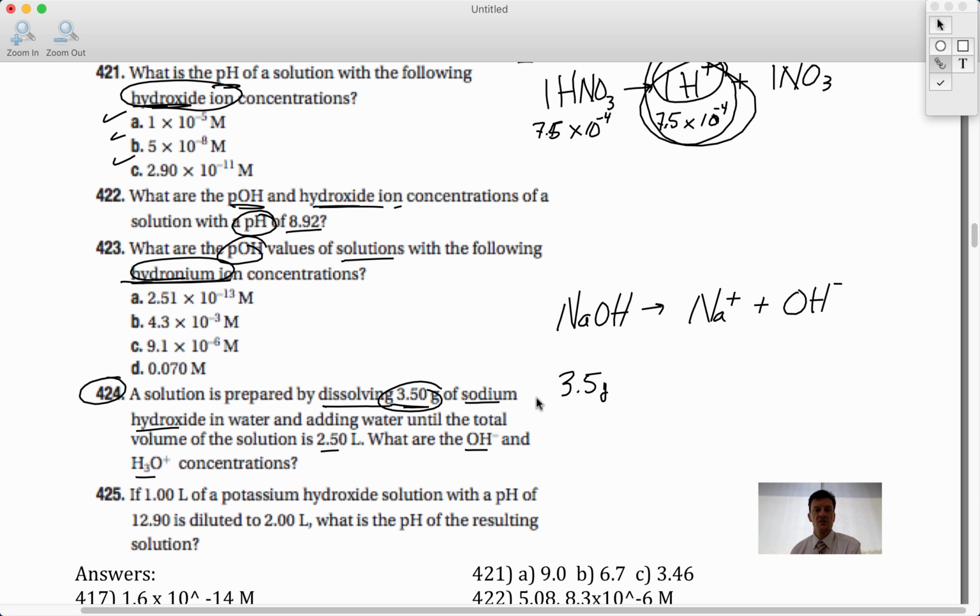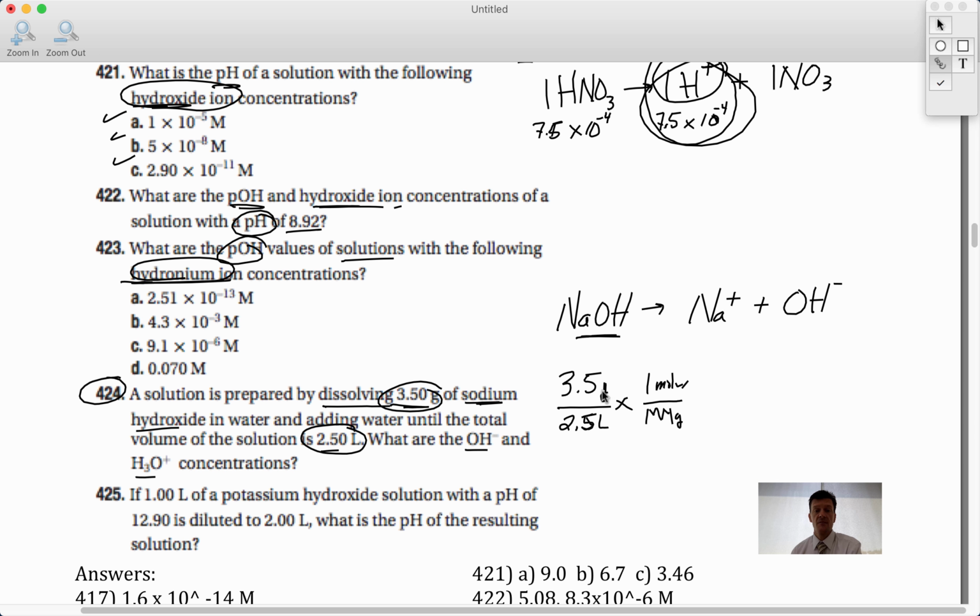So what you need to do is find the concentration of that sodium hydroxide by converting it to moles per liter. It says the total volume, they give that to you. So basically, you've got grams per liter. You need to change that to moles per liter by dividing by the molar mass of sodium hydroxide.